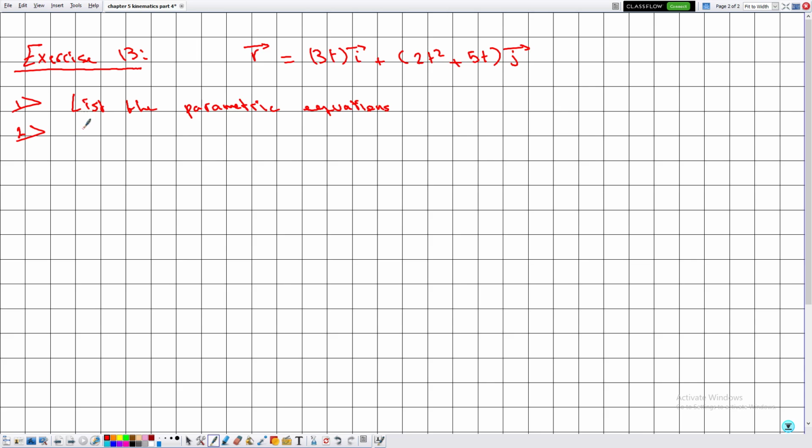Now number 2, determine the trajectory. Number 3, specify the type of motion, or let me write 3.1, specify the type of motion along the x-axis.